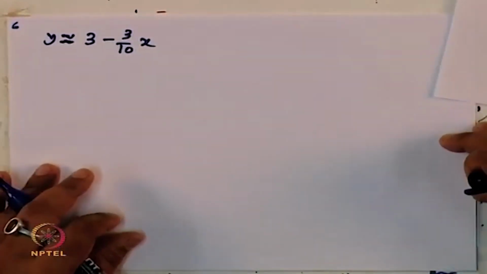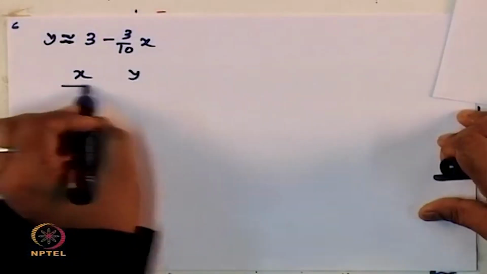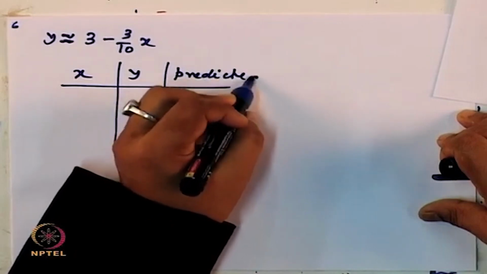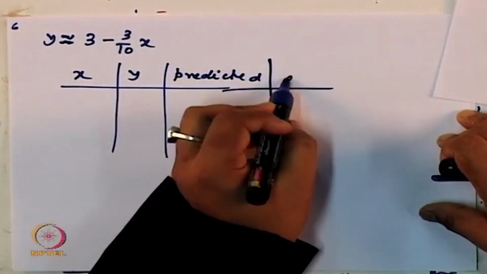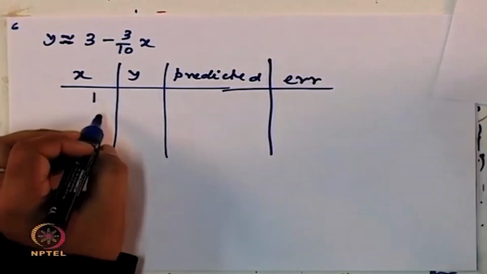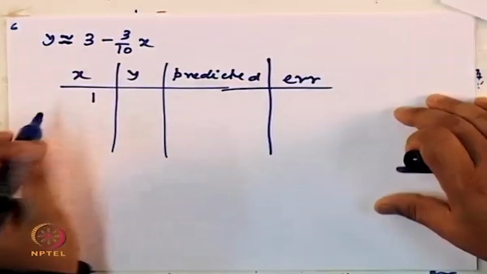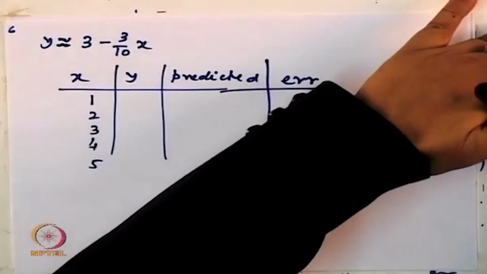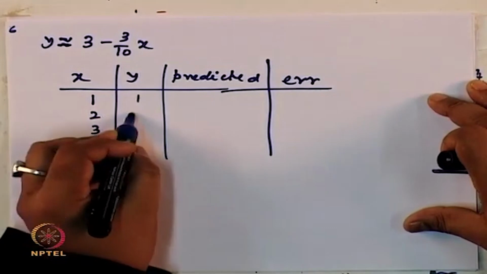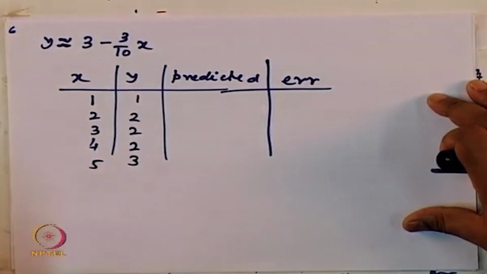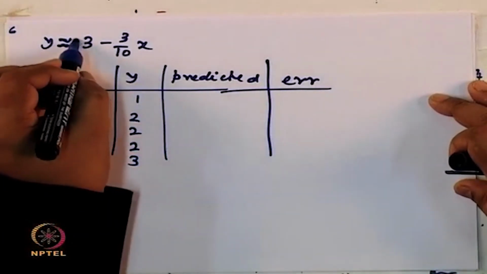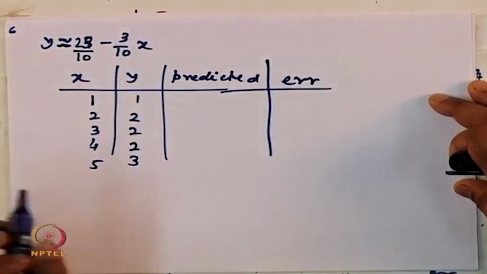Okay. Now, I want to find out the predicted value for each of the values. So, x is 1, 2, 3, 4, 5 and y is 1, 2, 2, 2, 3. The predicted value, maybe I should write 29 by 10.